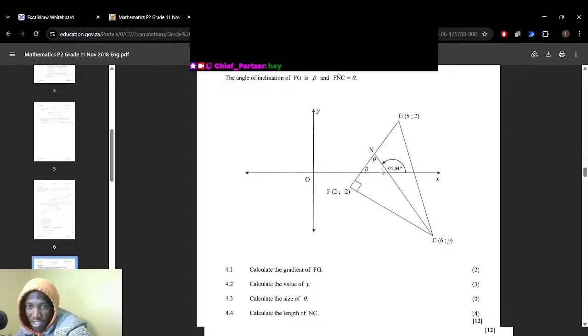So after calculating these two triangles, we can then proceed to calculate the angle theta. After calculating the angle theta, we can then calculate this angle right here, FCN. Okay, so that's the data we have.